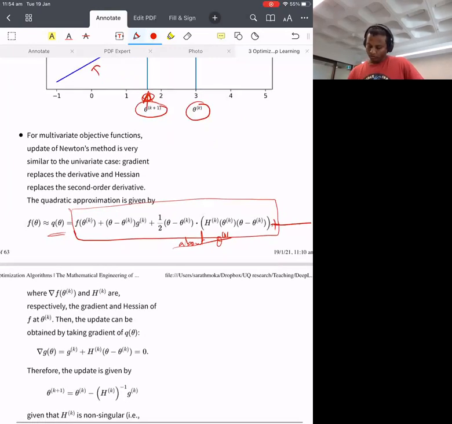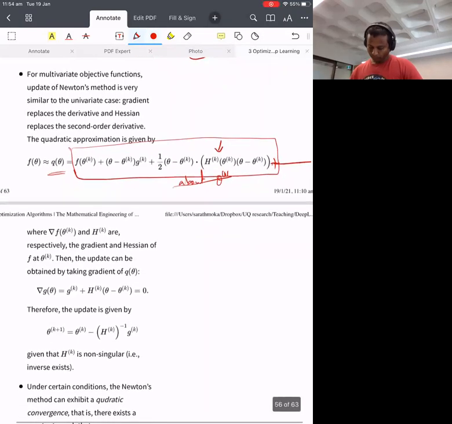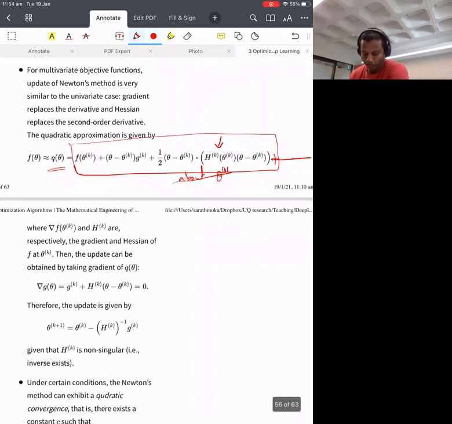So at least expression wise, it's easy to play with. Only problem is that we have a Hessian here. It is a matrix. Hessian is just a collection of all the second order derivatives. Now, how do you find the minimum?